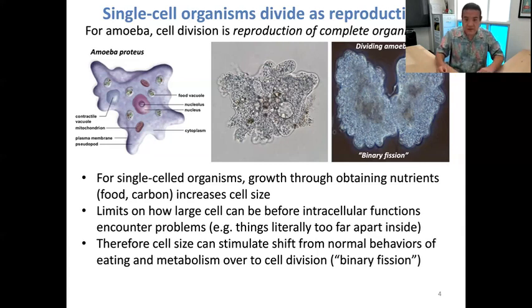Well, for single-celled organisms, when we talk about growth of the organism, we're basically just talking about it obtaining more and more nutrients over time, as it's in the pond water or wherever this particular amoeba lives.